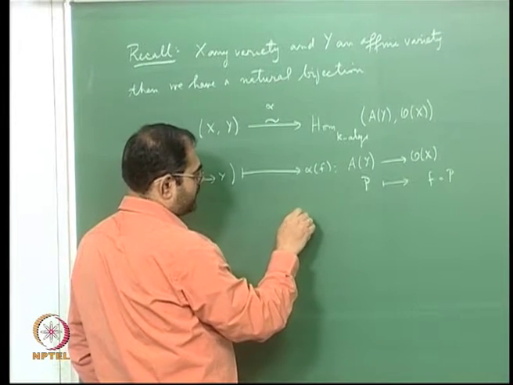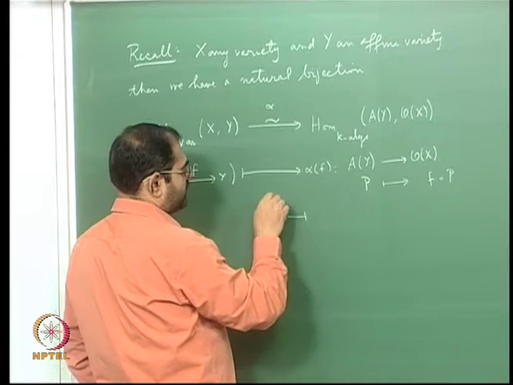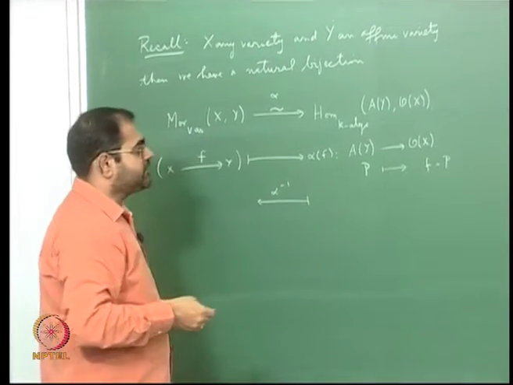And if you look at the map in the reverse direction, alpha inverse, how is that defined?